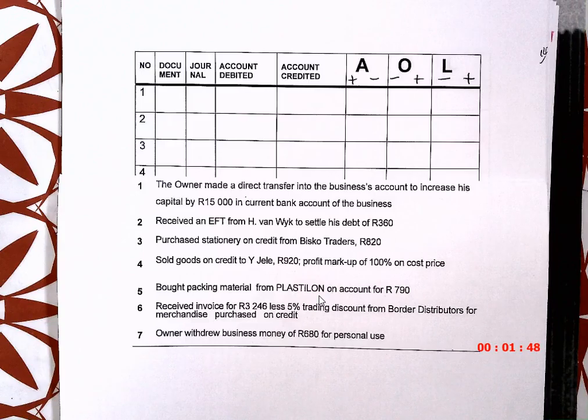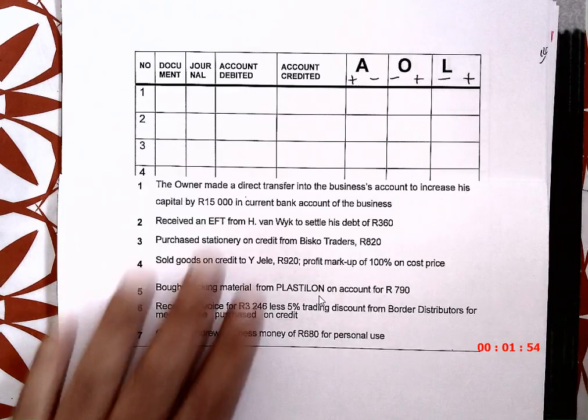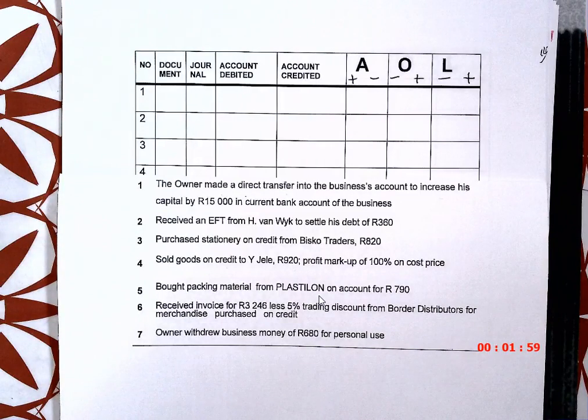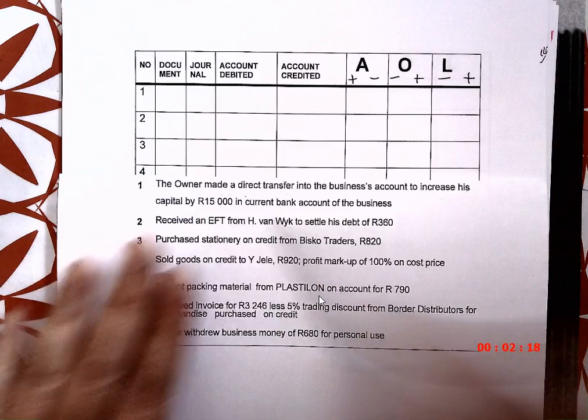It can be either we sell on credit or we buy on credit. Don't confuse it with the bank being credited, because if the bank is credited in the bank statement, it just means the bank became more, which means the money came in. Do you see? Okay, so let's read this again.